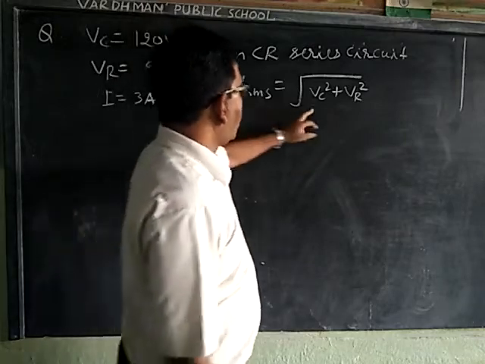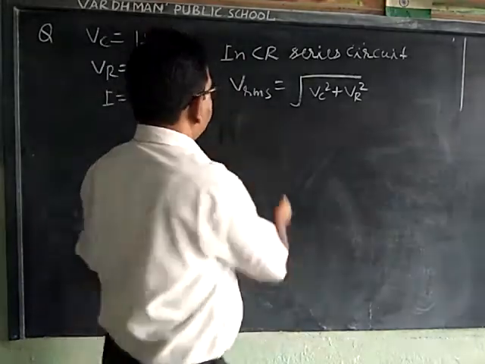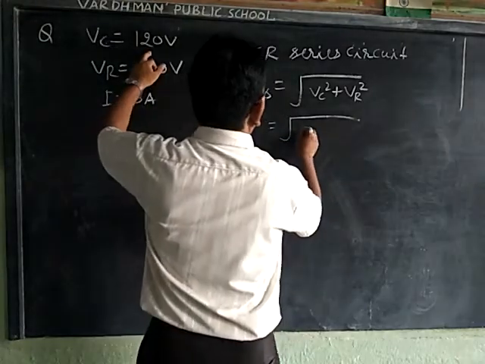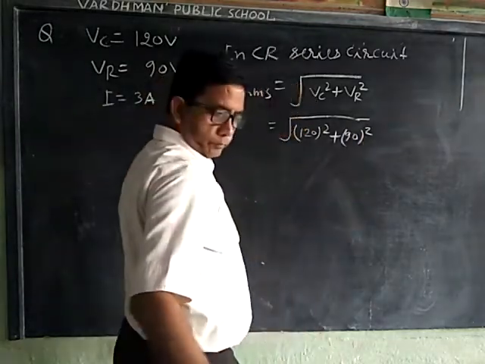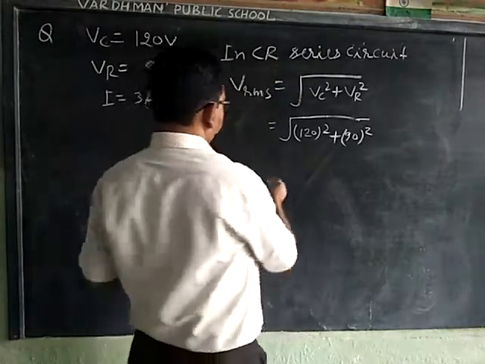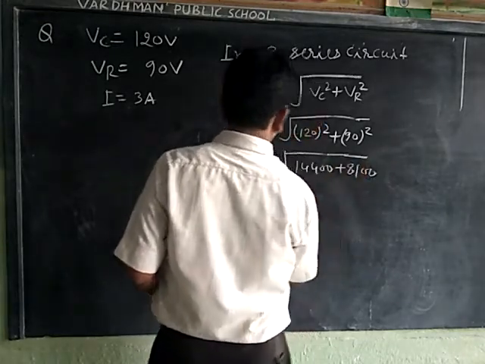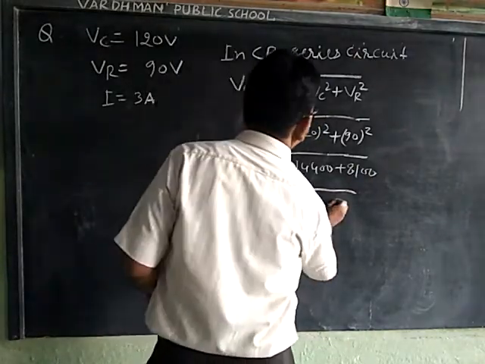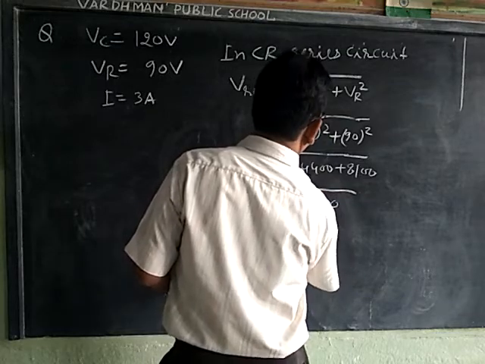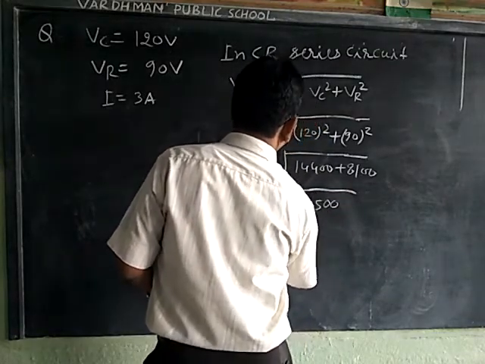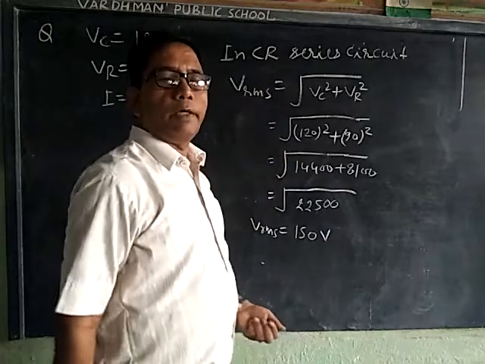This is VRMS, the root mean square value of voltage, that is 120 square plus 90 square, that is VRMS equal to 150 volt.